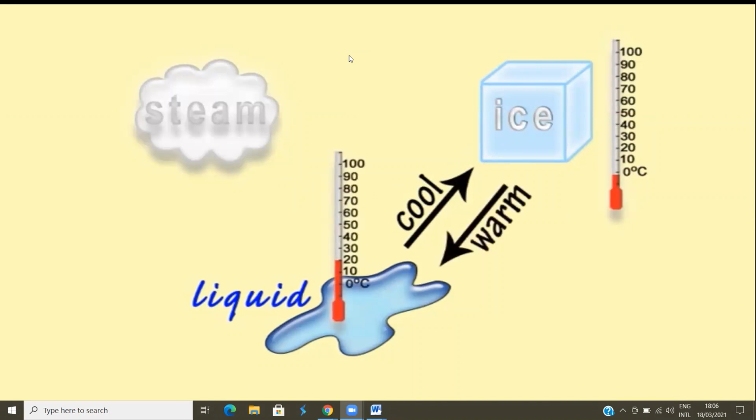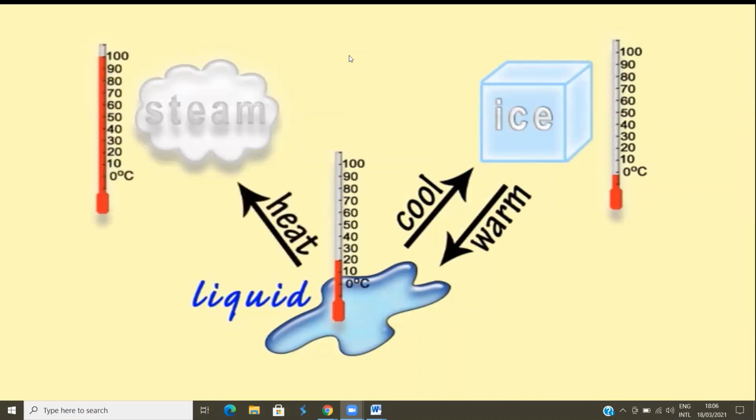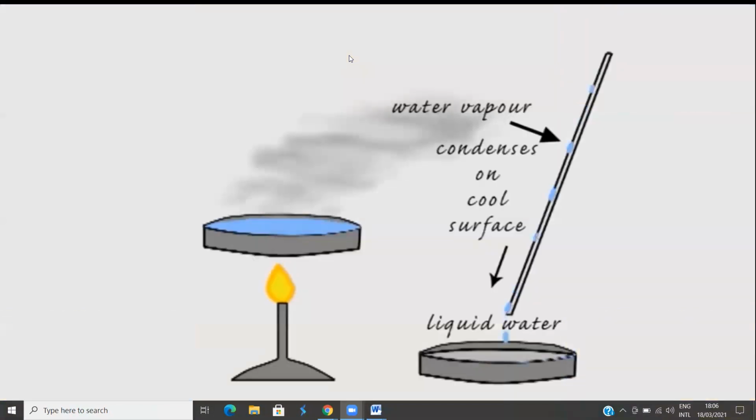When water is warmed to above 0 degrees Celsius, it melts into liquid water. And when it is heated to 100 degrees Celsius, it turns into the gas called steam. If steam comes into contact with a cool surface, it will condense back into liquid water.